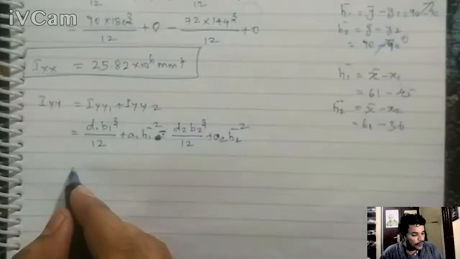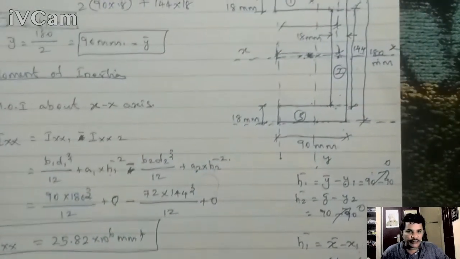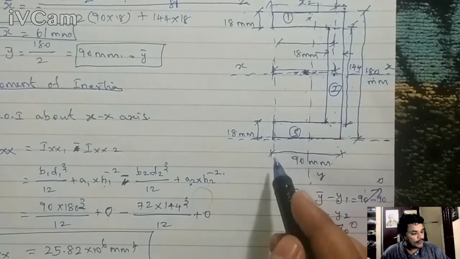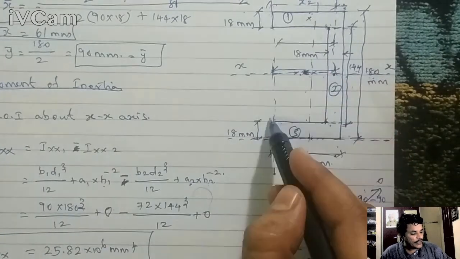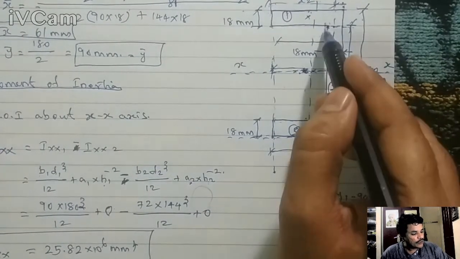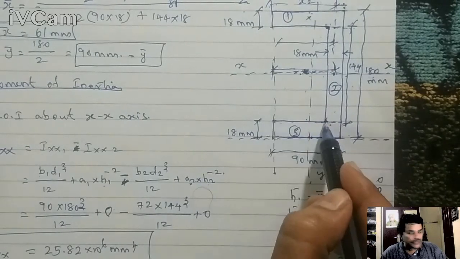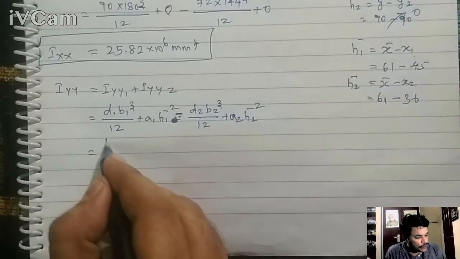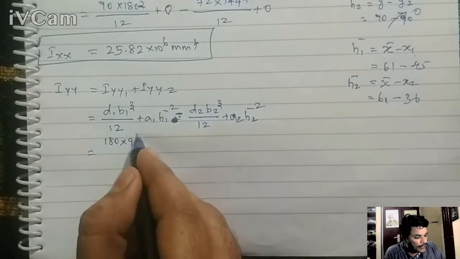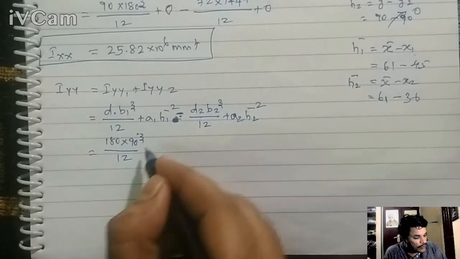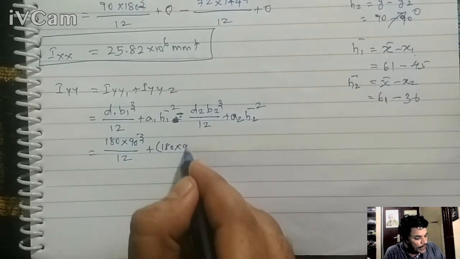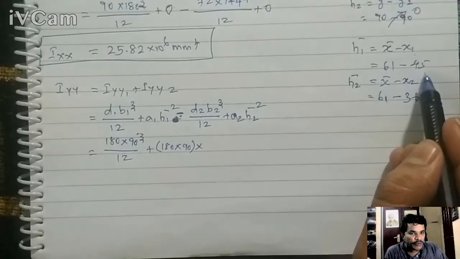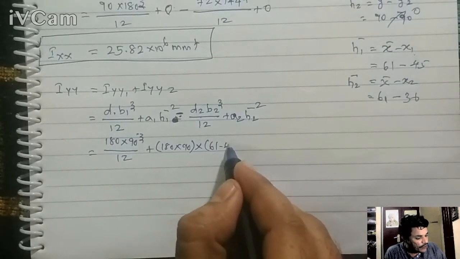Again I repeat: you know that for the outer box, D1 is 180 mm and B1 is 90 mm, and for the inner box, D2 is 144 mm and B2 is 72 mm. I am going to substitute those values here. So 180 into 90 cube divided by 12 plus 180 into 90 into H1 bar, which is 61 minus 45, the whole square.